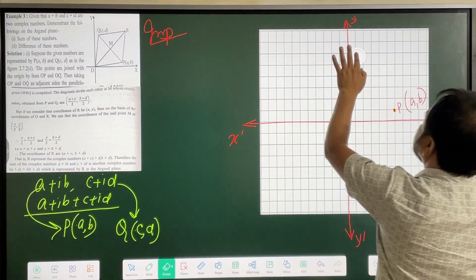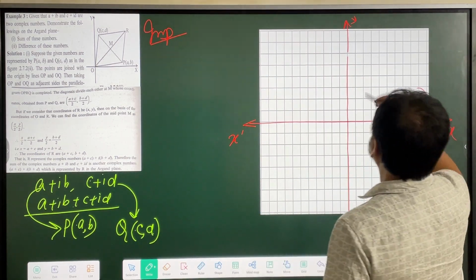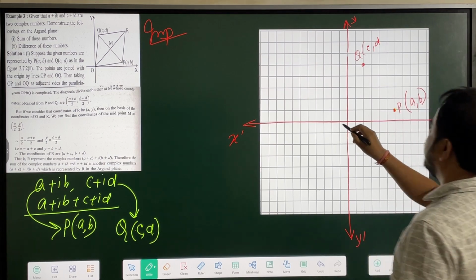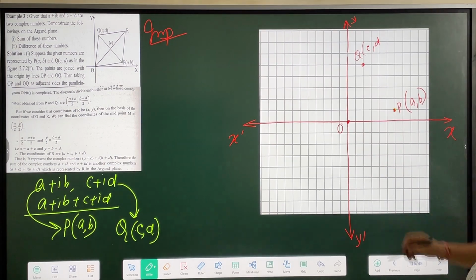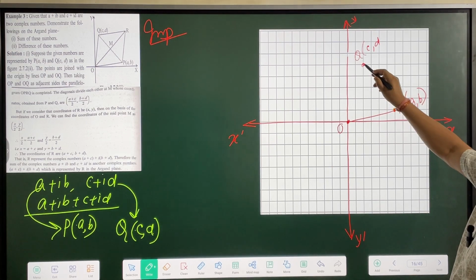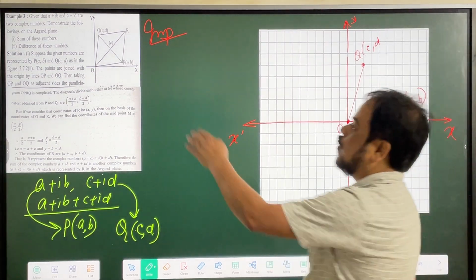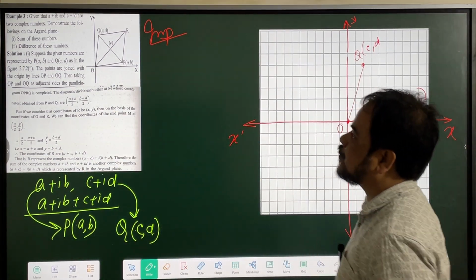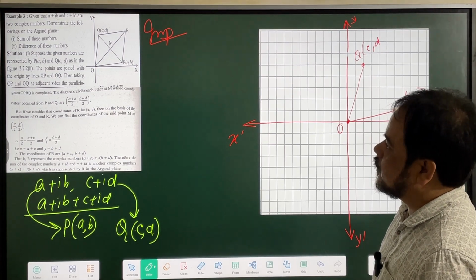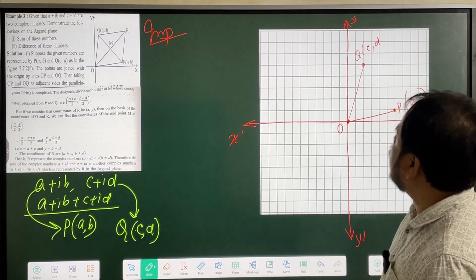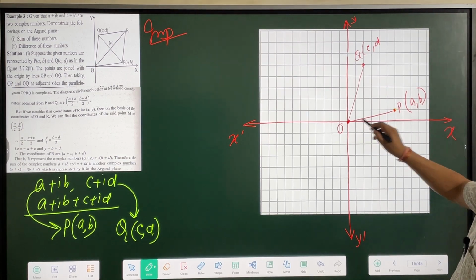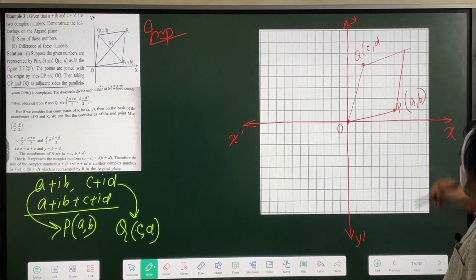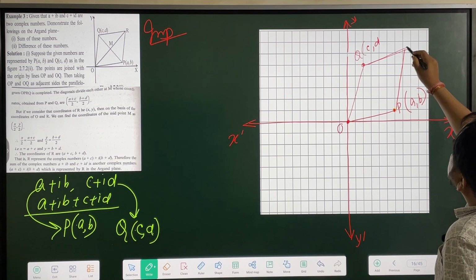This should be a little bigger. This is O, the origin. So let us join OP and OQ. Now, with the help of OP and OQ, we will draw a parallelogram. I hope it is looking like a parallelogram.